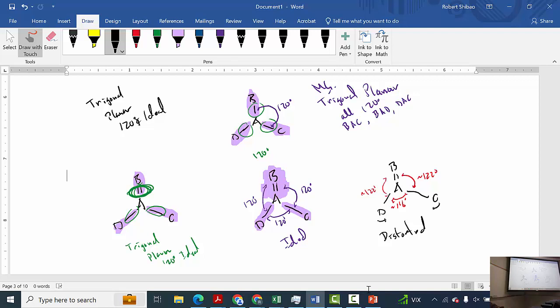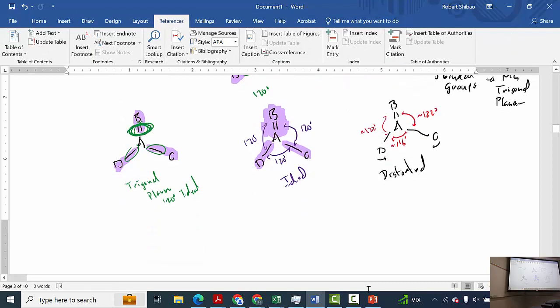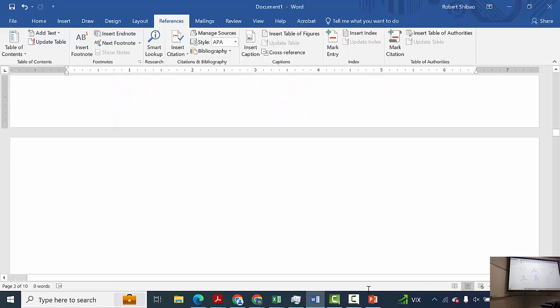These are what we call 3 bonded groups here. So when we have trigonal planar, if we have 3 bonded groups, that leads to MG of trigonal planar.